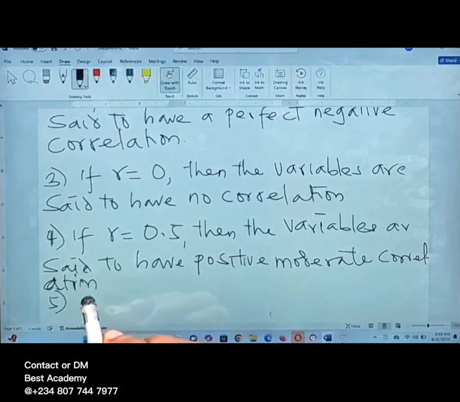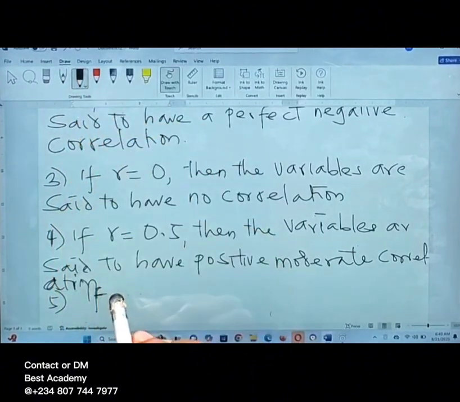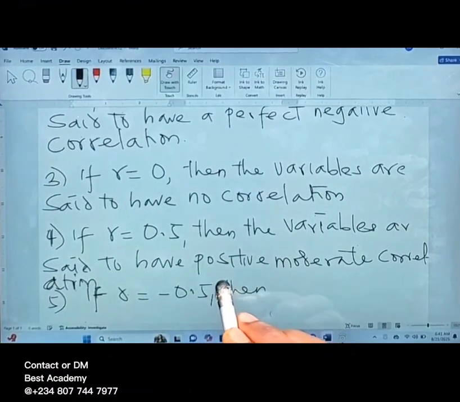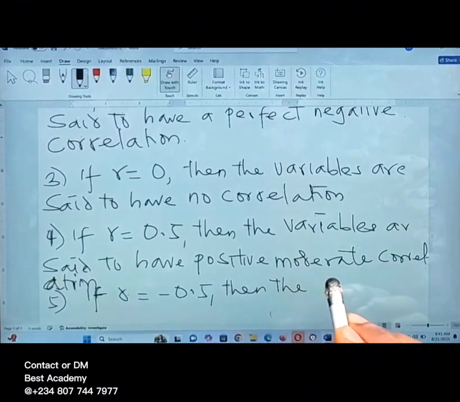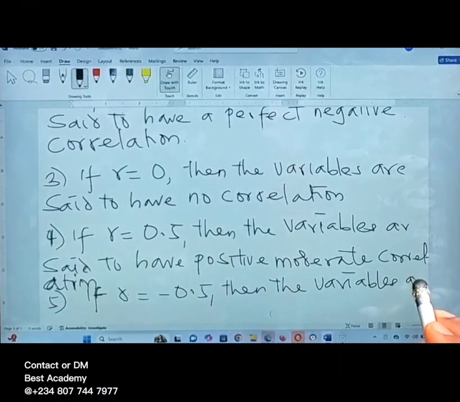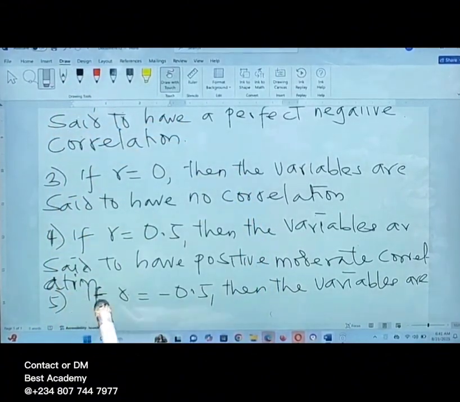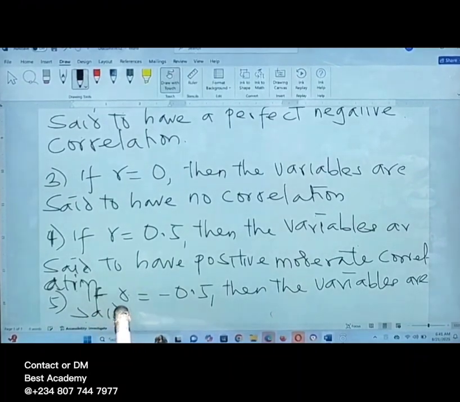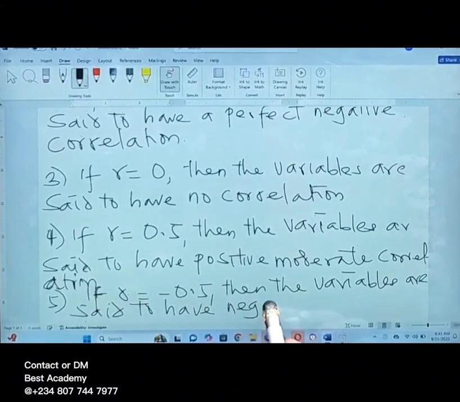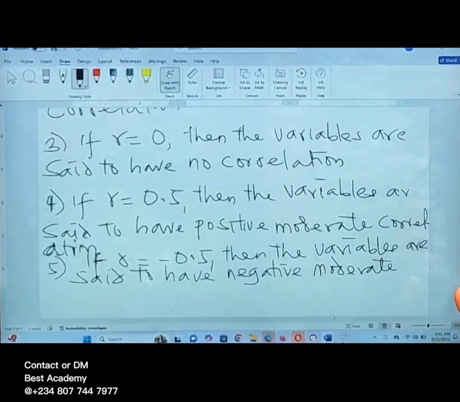So 5. If r is equal to -0.5, then the variables are said to have negative moderate correlation.